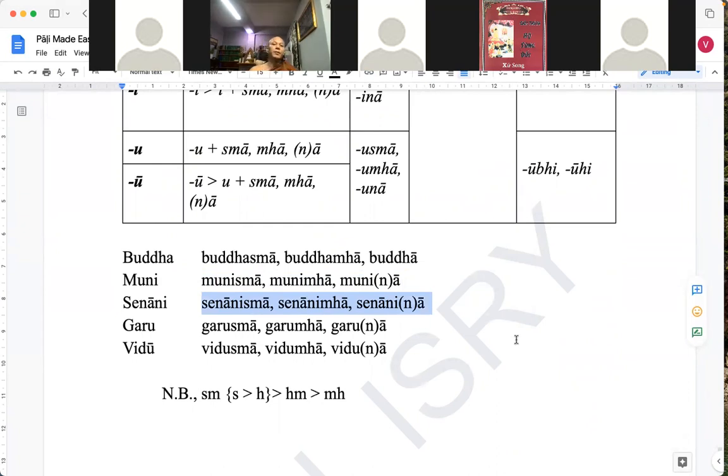Okay. Yes, you raised your hand. Sorry, Bante, I didn't unmute.